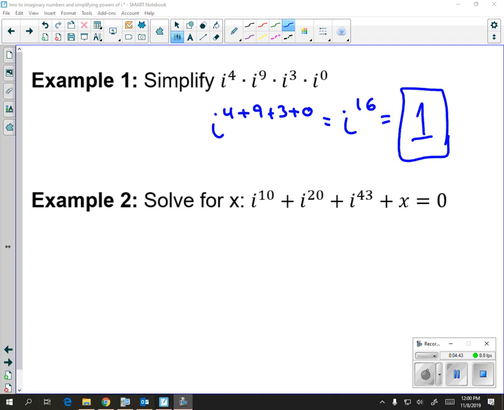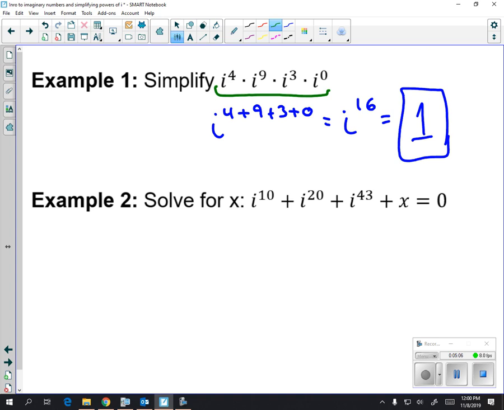Now what you don't want to do is put all of this into your calculator at once, because remember, sometimes if you have larger powers, your calculator won't be able to handle that. And you can't put all that into IPART at once, because you can't put addition, subtraction, multiplication, or division in IPART.